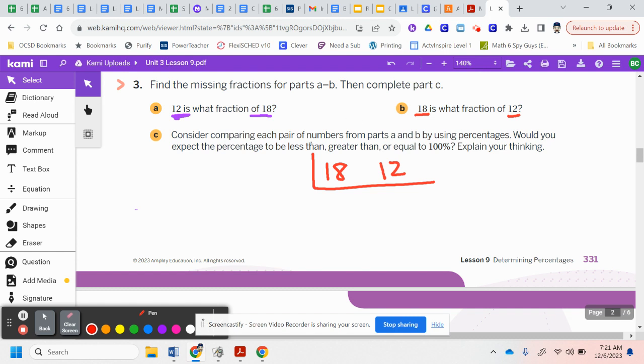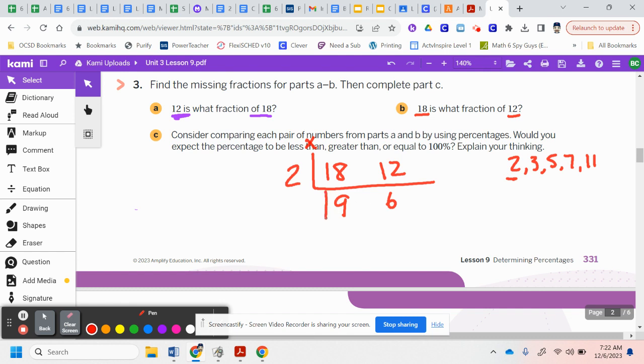So I want to think, what number can I multiply to get 18 and 12? Remember, I always use the numbers 2, 3, 5, 7, and 11. So I always try 2 first. Does 2 go into 18 evenly? Yes. Does 2 go into 12 evenly? Yes. So we put a 2 on the outside. 2 times 9 is 18. 2 times 6 is 12.